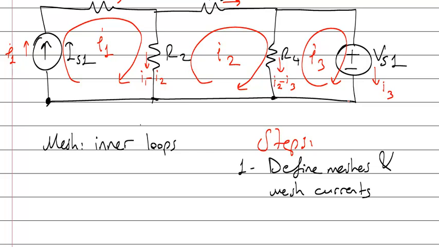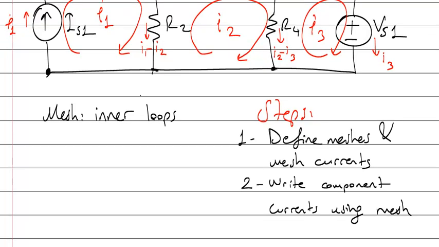So the second step is write component currents using mesh currents.